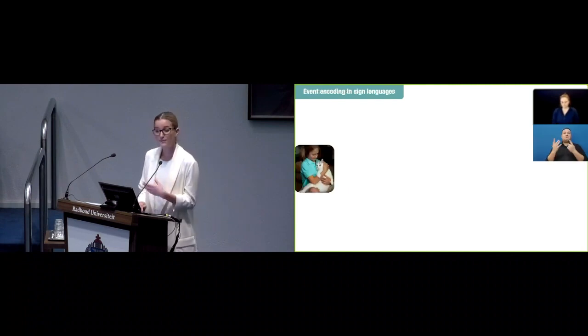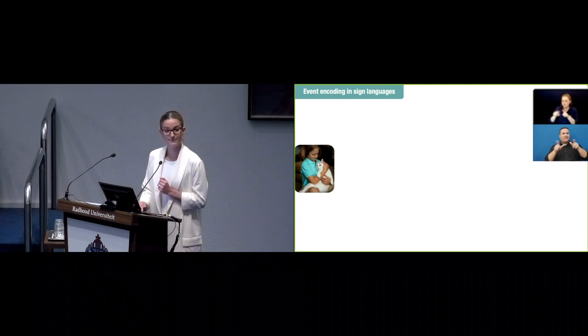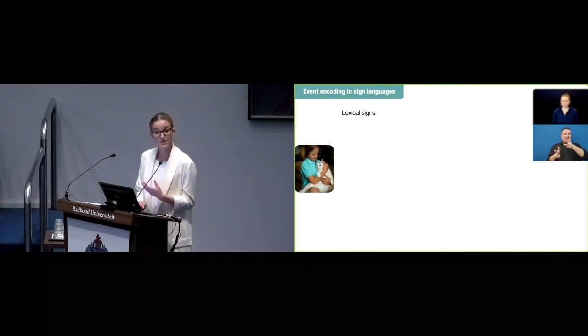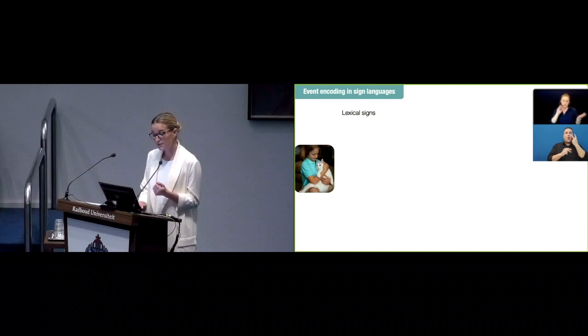The same event, such as the one we see on the screen, can be encoded in different ways in sign languages. It can be done by using lexical signs, which can be compared to words in spoken languages. For example, let's see a description of this event in LIS.